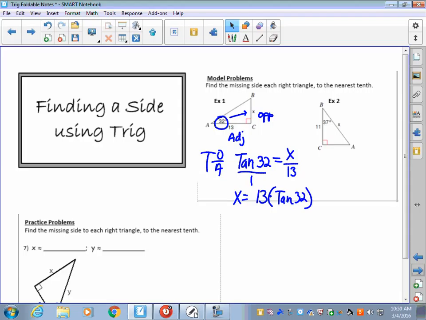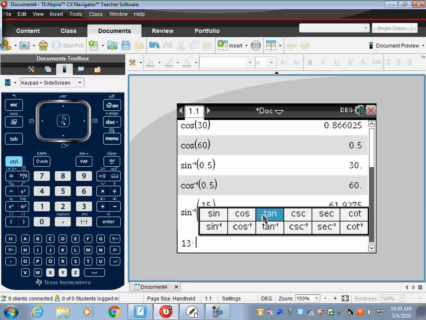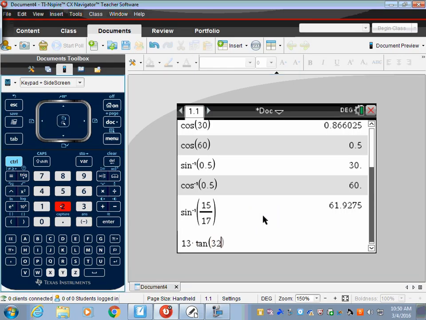Do not do that. 32 is degrees. This is a side length, like centimeters. No mixed units. So you would have to go 13 times the tangent of 32 and hit enter.